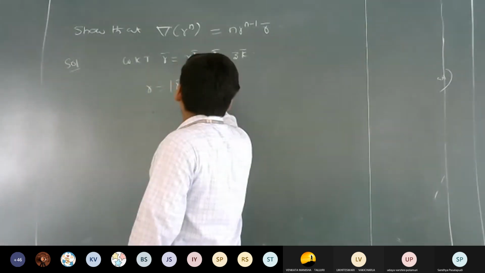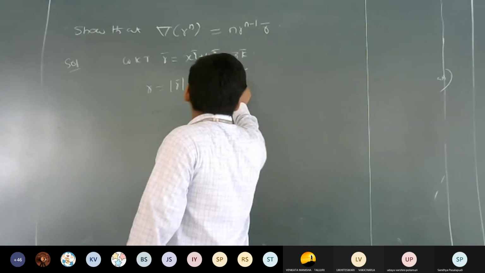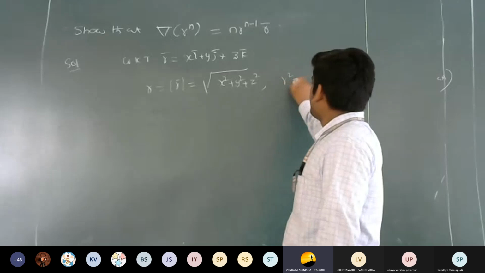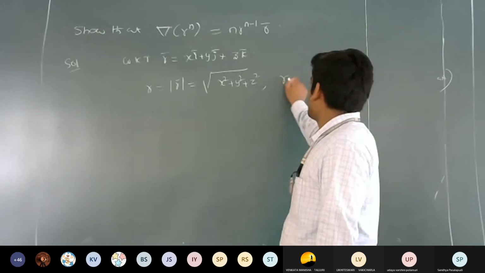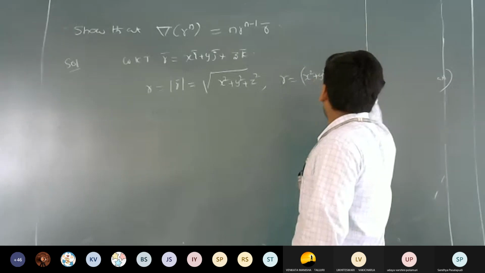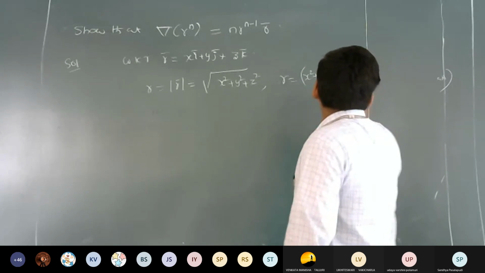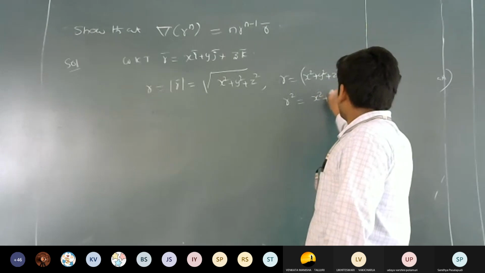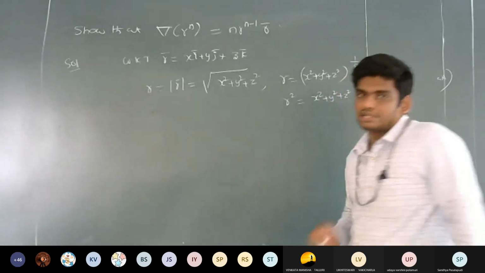So r is equal to square root of x square plus y square plus z square, which you can also write as x square plus y square plus z square to the power 1 by 2. Next, what is r square? r square is x square plus y square plus z square.